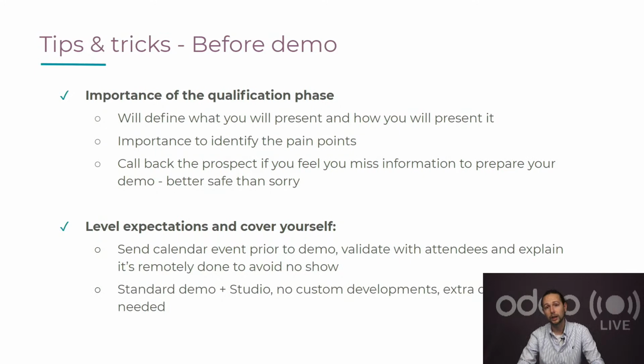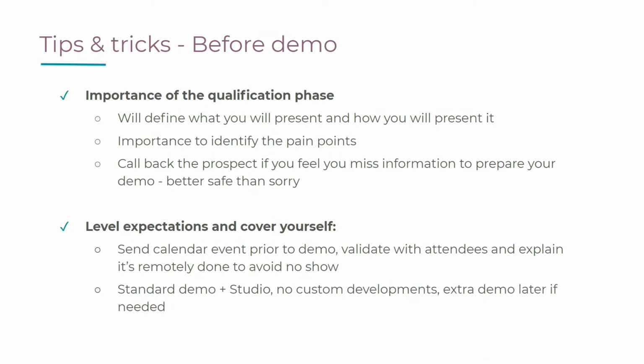Talking about functionalities and level of expectation, you can definitely mention to your prospects and customers that you are going to focus on the standard framework of Odoo. The standard framework is represented by standard modules plus Studio customizations. So simple Studio customizations such as related fields, many-to-one fields, or simply new fields that you can create with Studio.